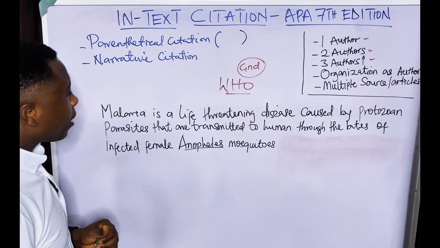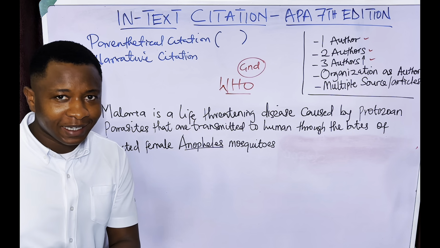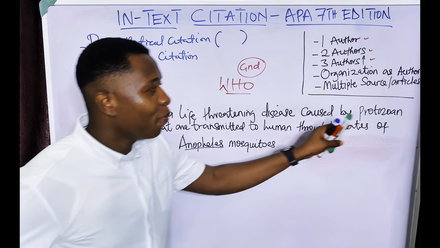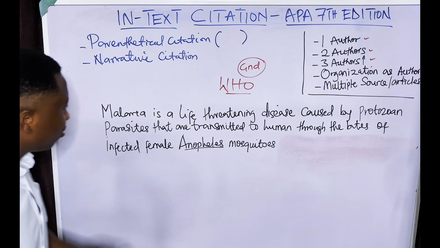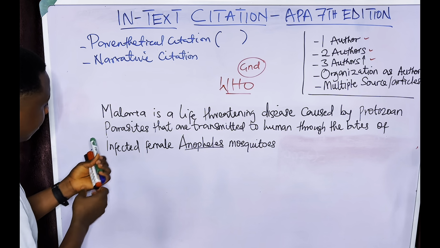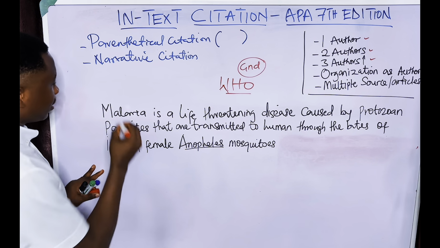So we'll have things like, according to this person, malaria is a life-threatening disease caused by protozoan and so on. So let's assume that we are using this text now. You would have something like this. It can come in different ways.